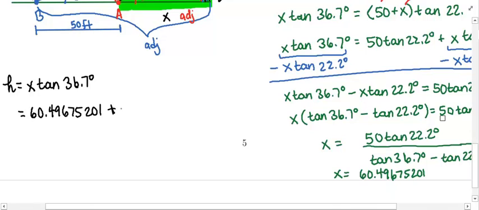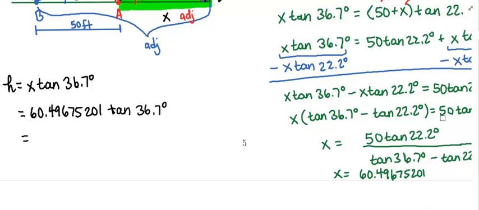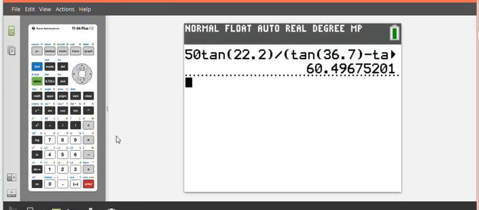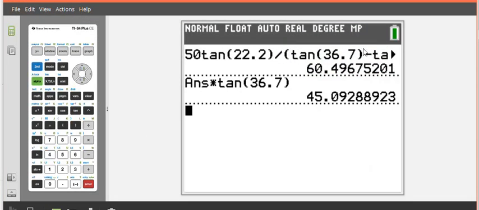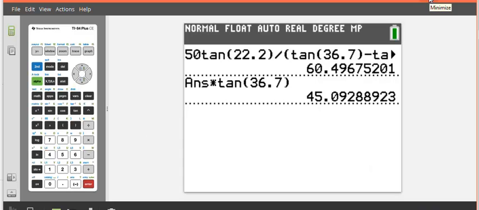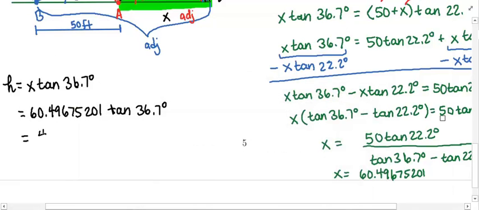Okay, multiply it by the tangent of 36.7 degrees, and that is going to give us the height of the tree. Okay, here it is. Okay, so I'll write the full decimal expansion and then we'll round.